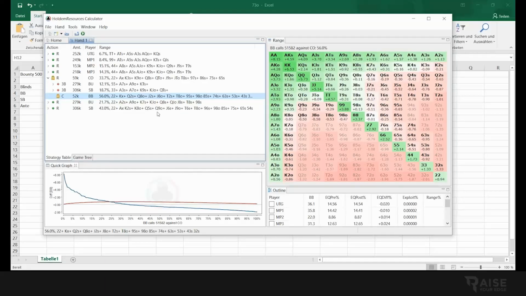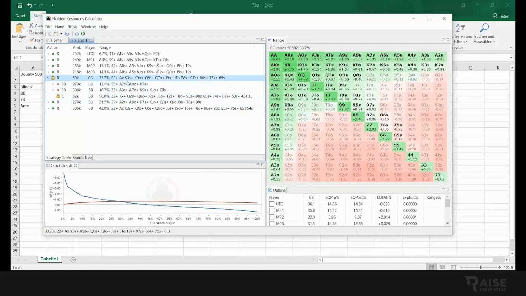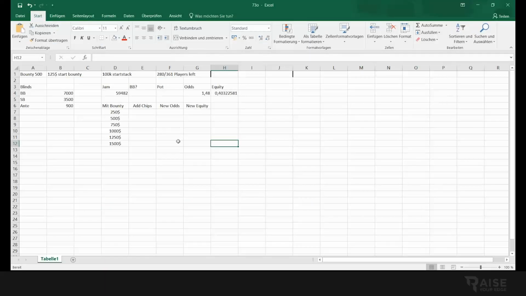So we wanted to know how big his bounty should be when we want to call 7-3 offsuit. What we are essentially doing is just calculating new odds. At Party Poker, for example, you always see the full bounty at the table, so you have to divide this by 2. If they're standing at 500, then you get 250, so 2 start bounties, and in this case you would win 1 start bounty.